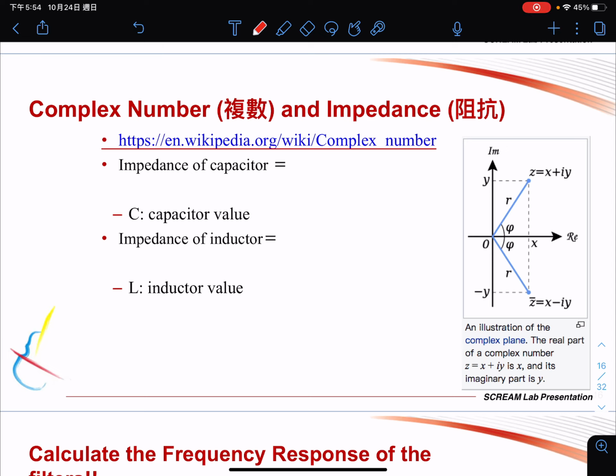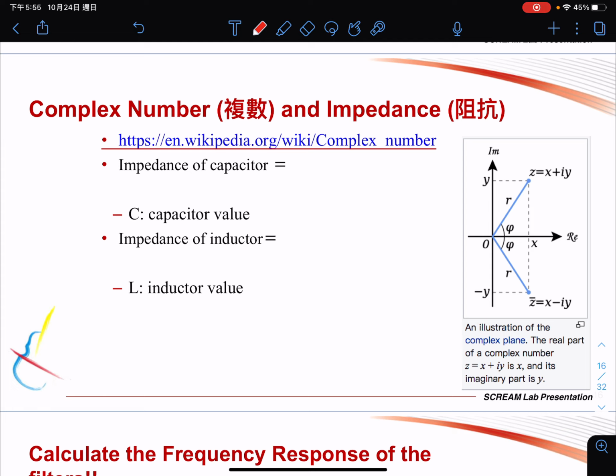In this part, I want to introduce the use of the capacitor or inductor as our element, because the resistor, the capacitor and the inductor have different characteristics.